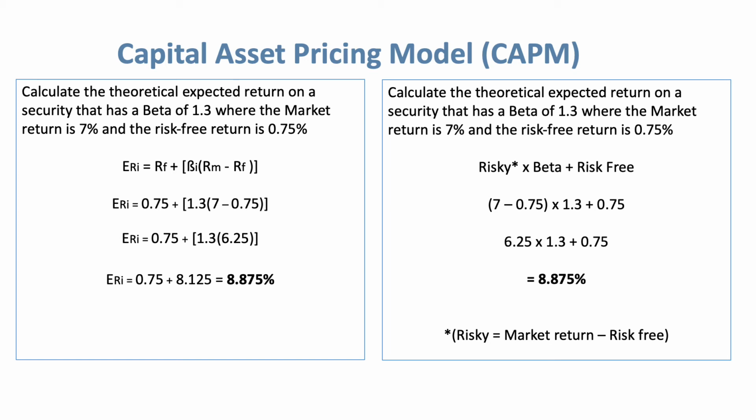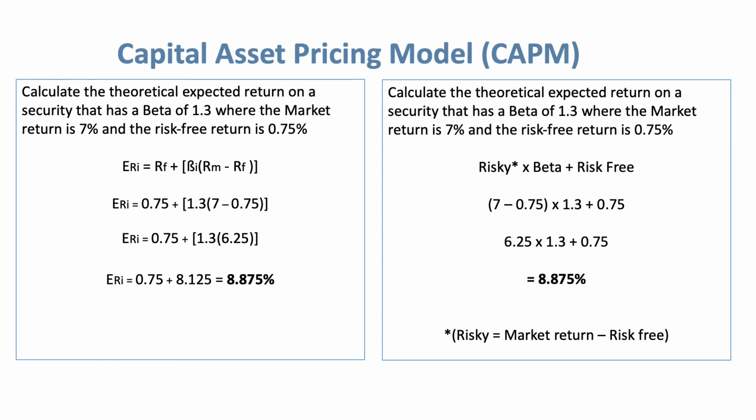So we're going to have the 0.75 as the risk-free, and we're going to add to that the bracketed beta multiplied by the risky element of the return, which is 7 minus 0.75, 6.25 essentially is the risky element. So there are two different blocks of return that make up that market return: the risk-free element of 0.75 and the risky element of 6.25.